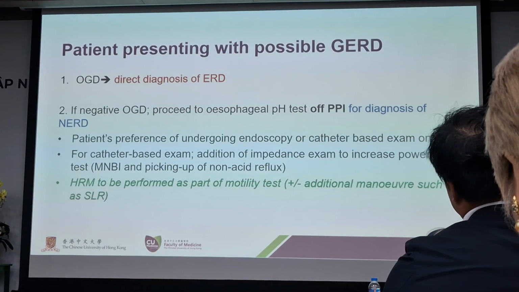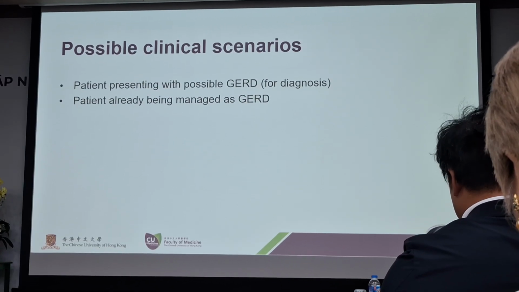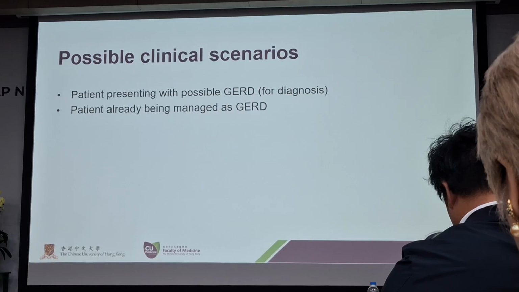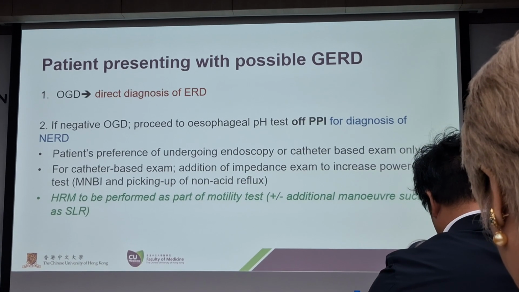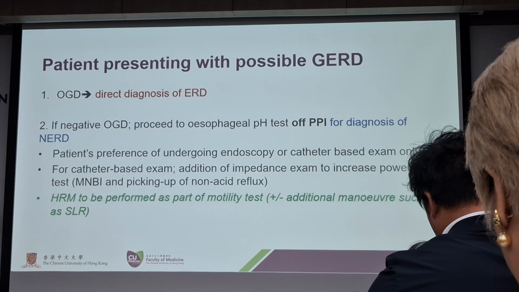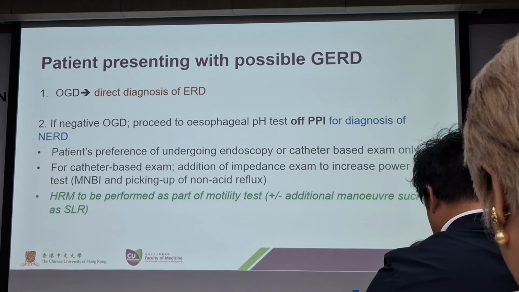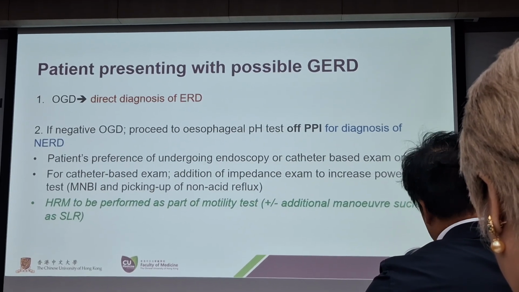So, last couple of slides. What tests to do? I think you would meet two possible clinical scenarios. One is you want to diagnose GERD: the patient presents with possible GERD, or the patient is already managed for GERD and comes to us. In terms of diagnosis, for a patient yet to be diagnosed with GERD, I recommend that you of course do OGD, to rule out other pathology, and maybe OGD is already diagnostic of ERD.